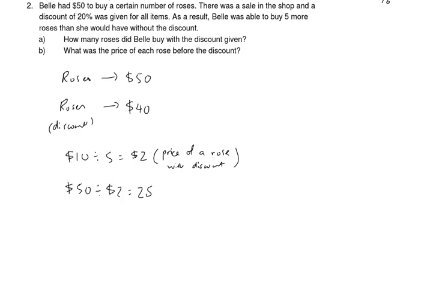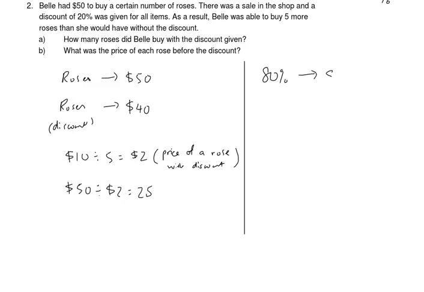The next thing I need to find is the price of each rose before the discount. Now, we know that this $2 is after a 20% discount, right? That means it is 80% of the price, right?